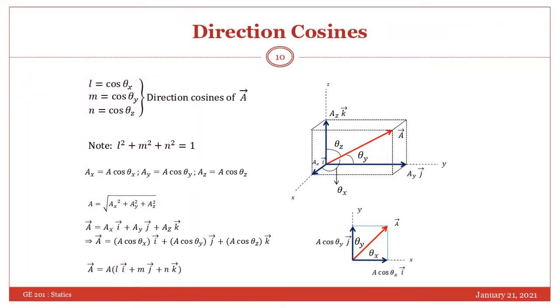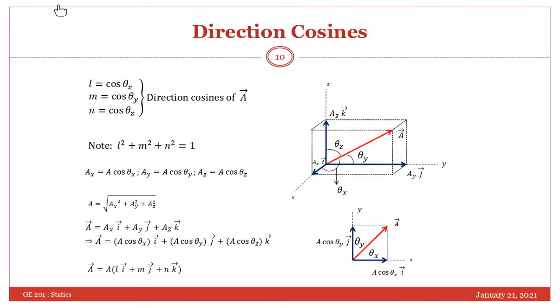If this red color is a vector which is making an angle of theta x with the x-axis, theta y with the y-axis, and theta z with the z-axis, then if you take cosine of theta x, cosine of theta y, and cosine of theta z, they will be known as direction cosines of vector A.